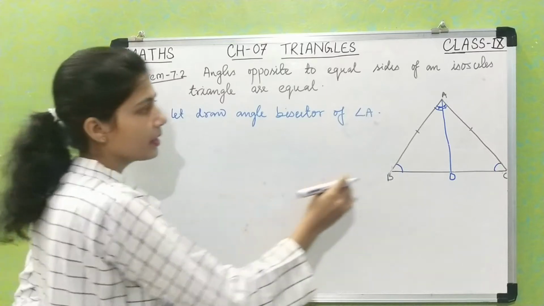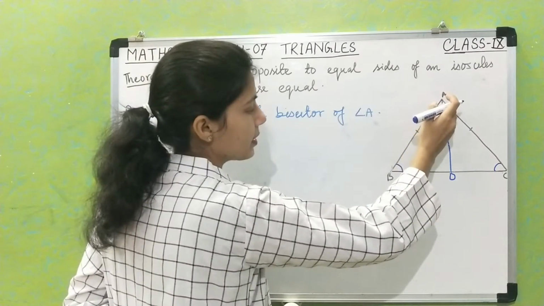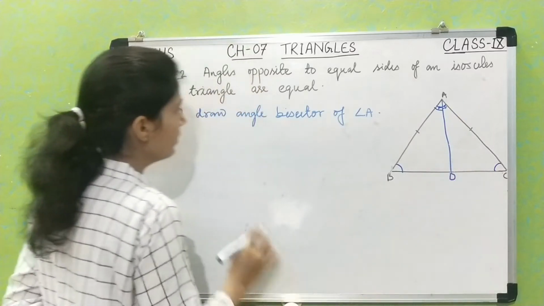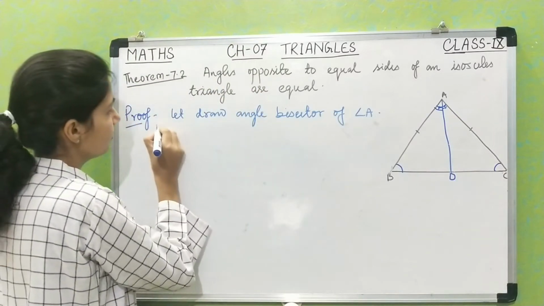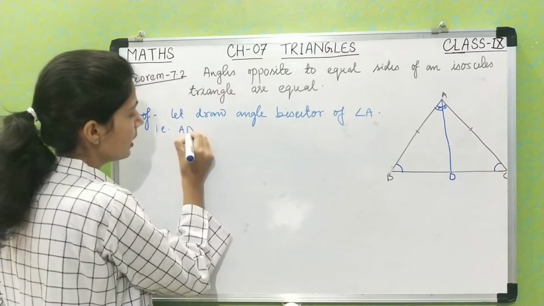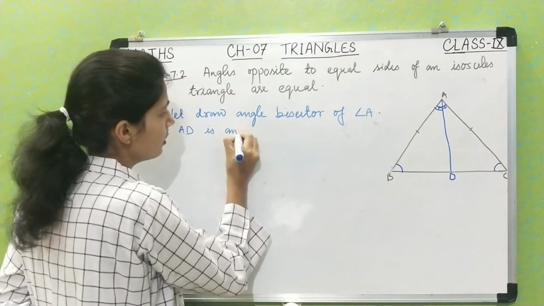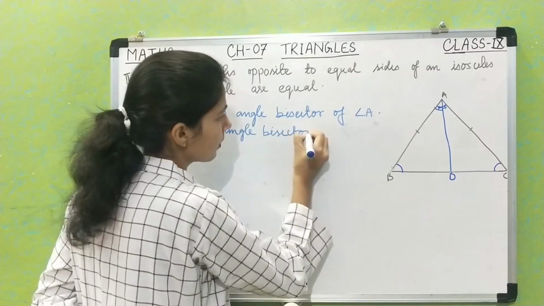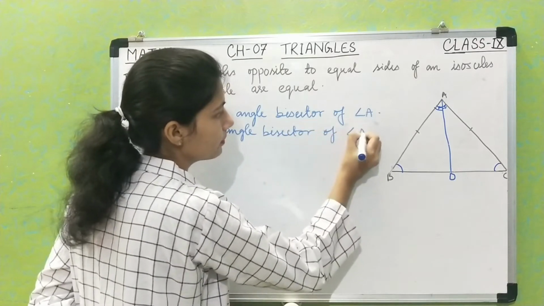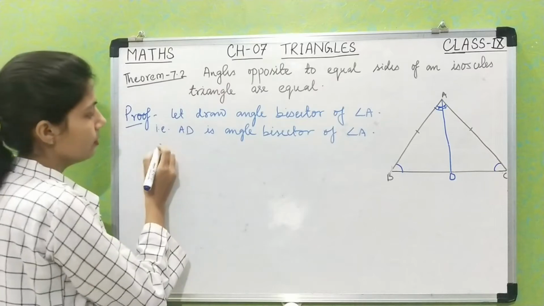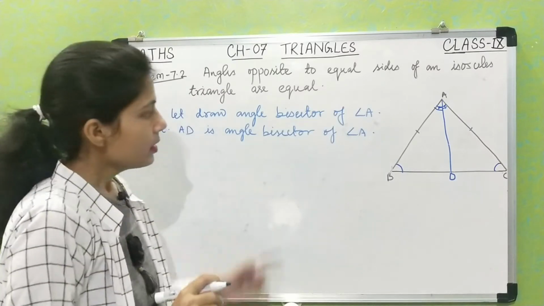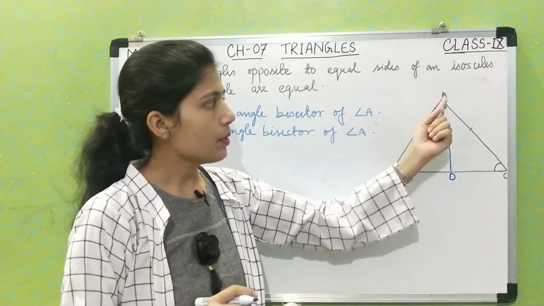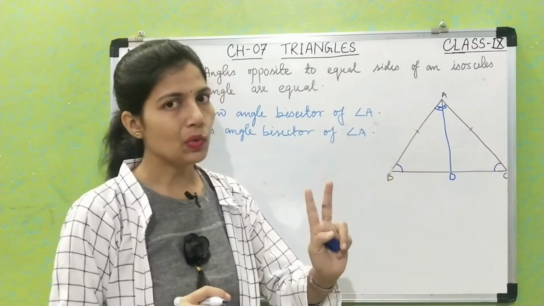Okay, what we have done is drawn an angle bisector, of which angle? Angle A, and its name is AD. Okay, so AD is angle bisector of angle A. Okay, so now this angle bisector AD has divided this whole triangle ABC in two triangles.